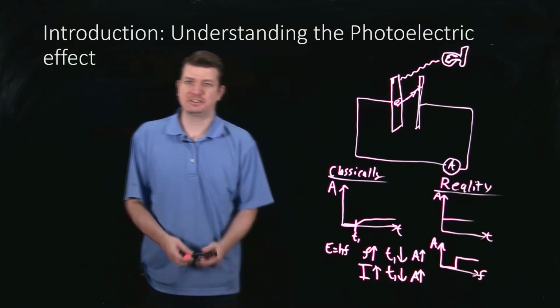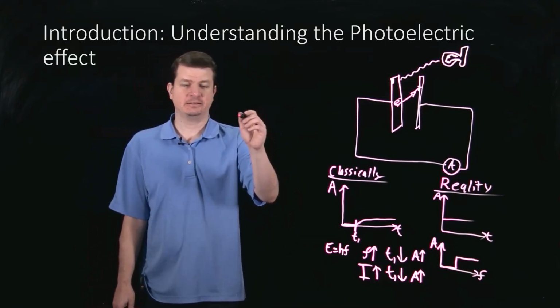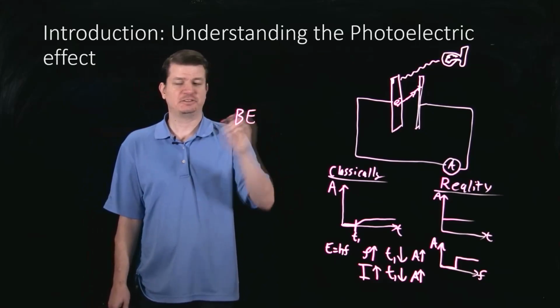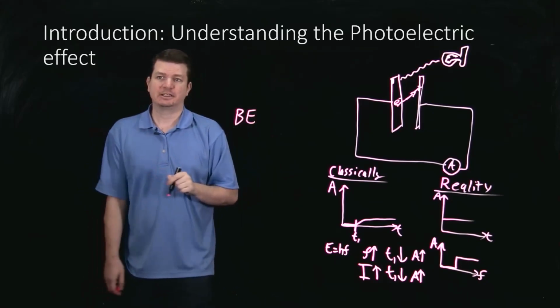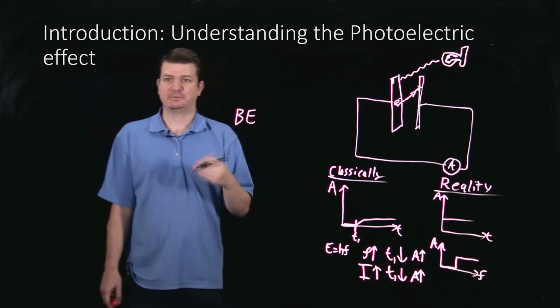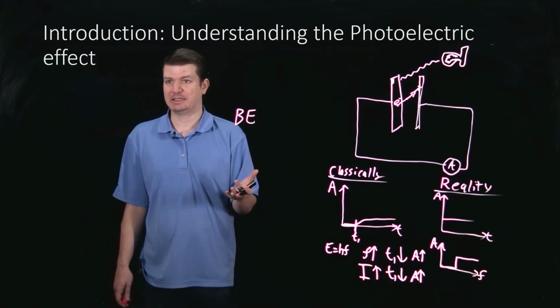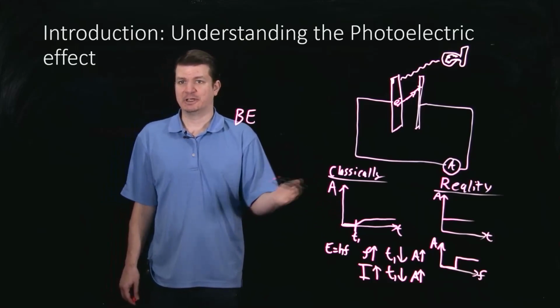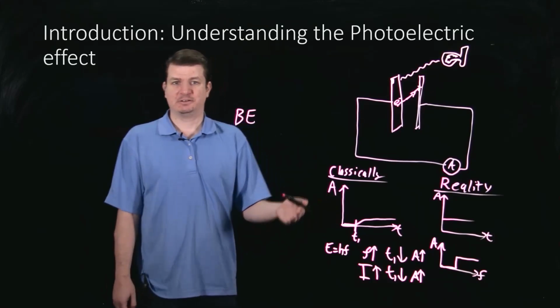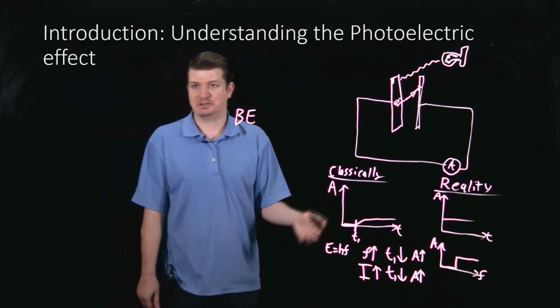Now this binding energy we'll just talk about as BE. So there's some binding energy that we need. In other cases, you might hear this binding energy talked about as the work function of the metal. Basically, it's the same idea. Remember that work and energy are equivalent. You have to do a certain amount of work to give something a certain amount of energy.